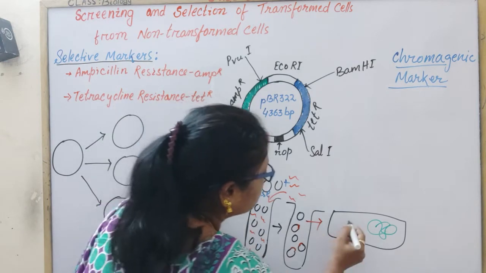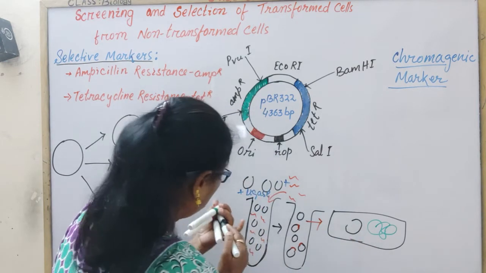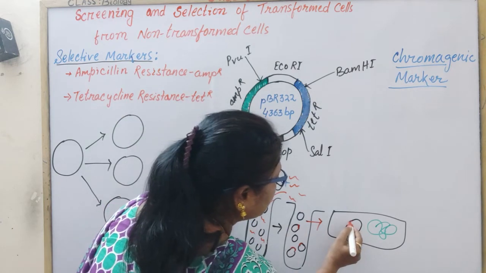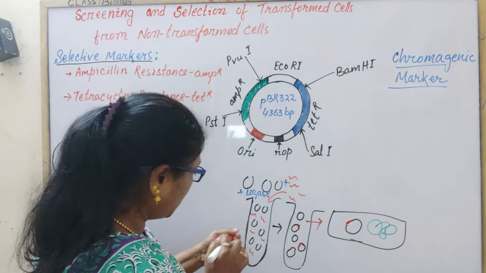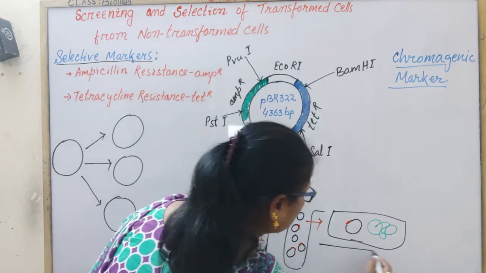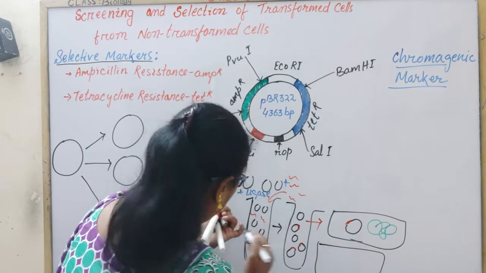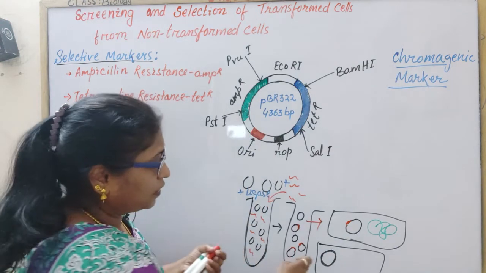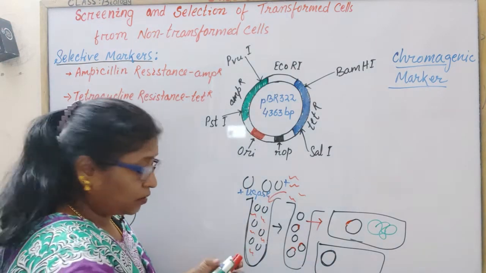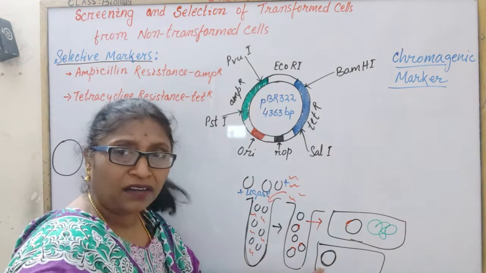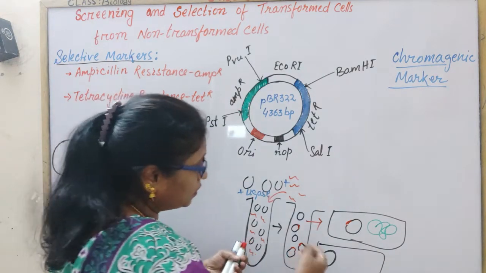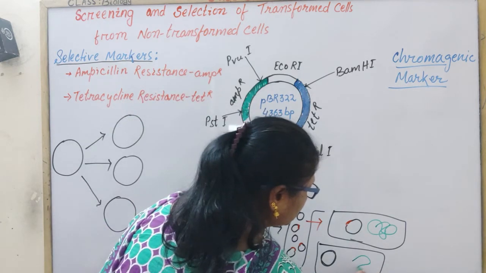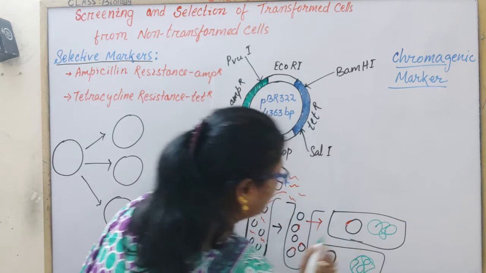Suppose some cells receive the recombinant DNA, and some cells receive only the normal, non-recombinant, original extra-chromosomal DNA called plasmid.